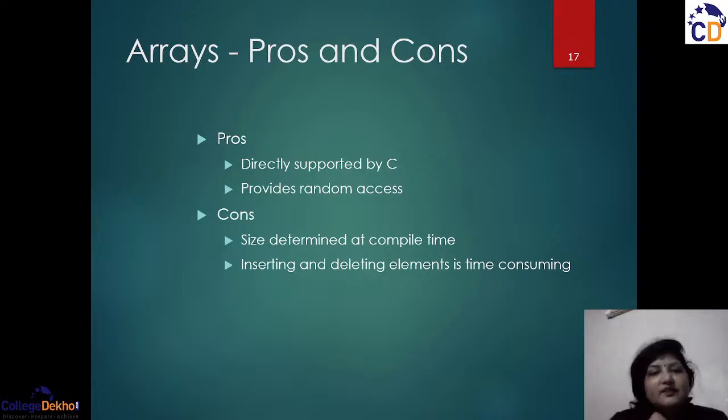Cons: the size is determined at compile time, so there may be wastage of memory, and in most cases we find wastage of memory rather than utilization. Inserting and deleting elements is very time consuming.